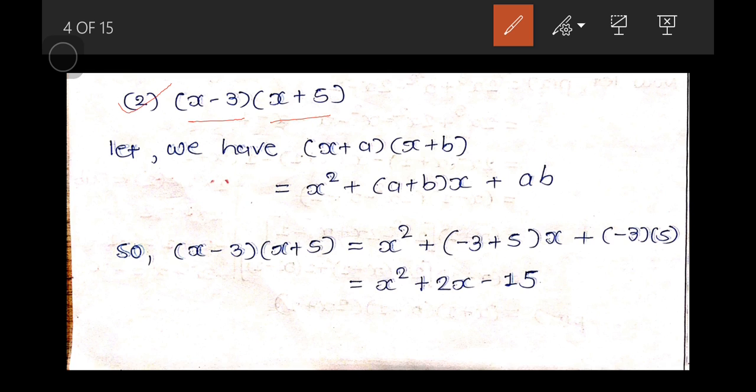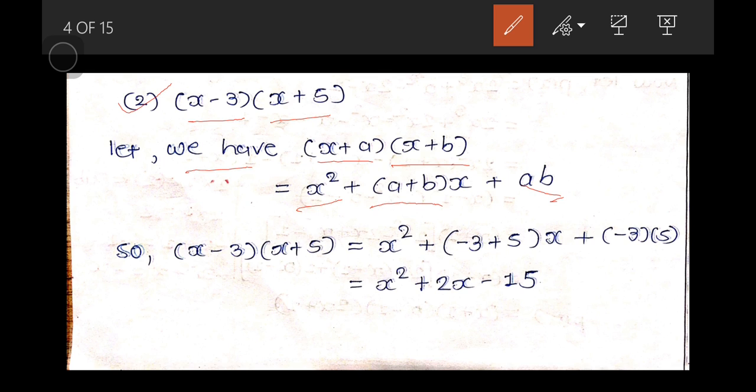So the other identity that we know is x plus a and x plus b, whose expanded form is x square plus a plus b x plus a into b.